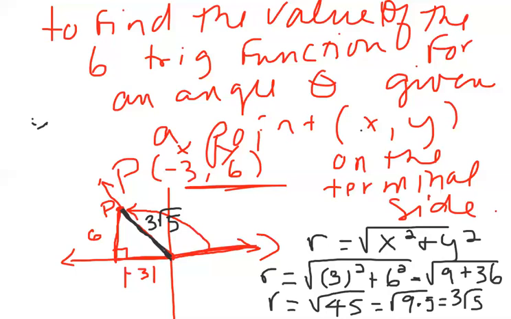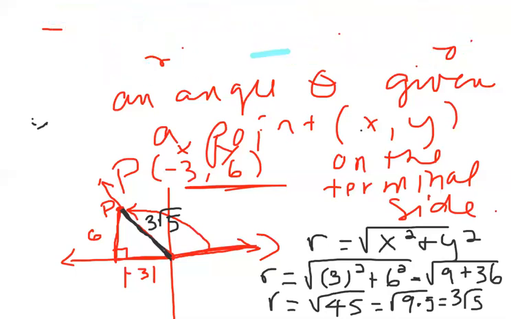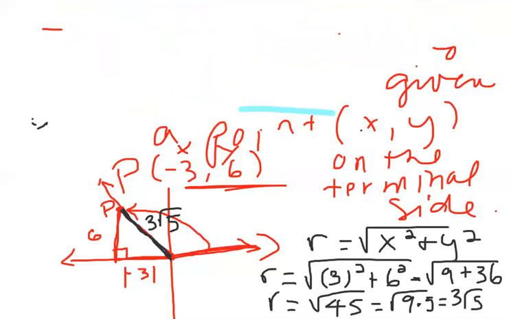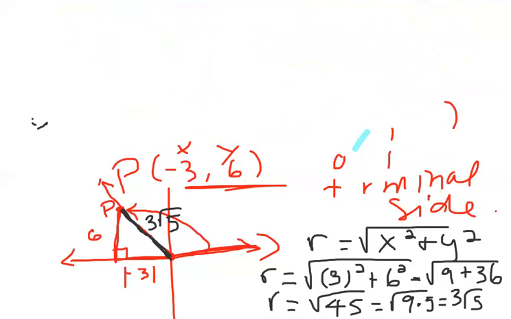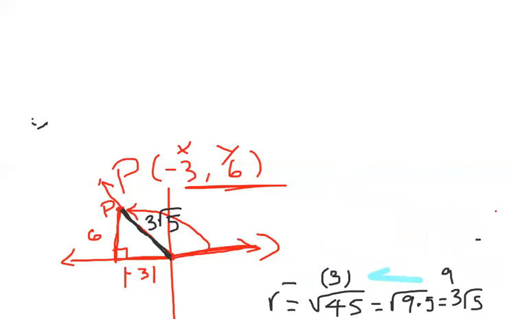Now, at some point I was supposed to be writing steps, but I forgot to write the steps. So let me go ahead and clear out some of this information and I'll write the steps down for you, guys, so you can see how to go about using this information, which I just discussed with you, to find the 6 trig functions. Okay, so I'm going to erase all of this. I'm leaving the figure here because I'm going to need it.